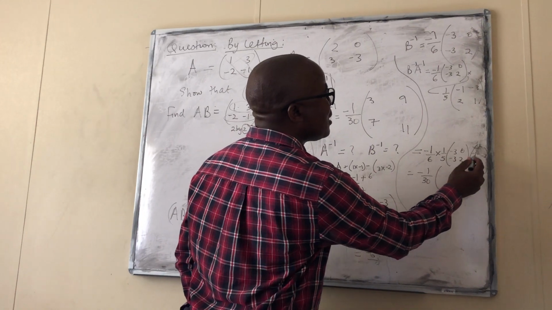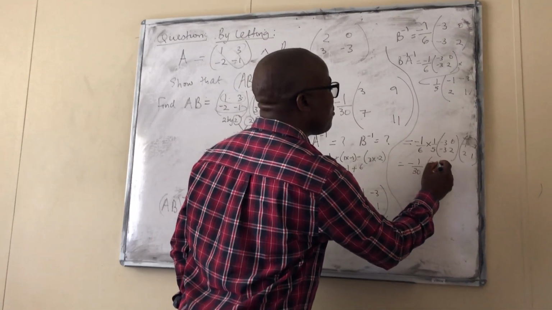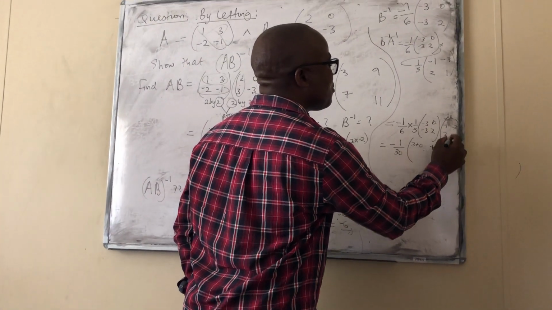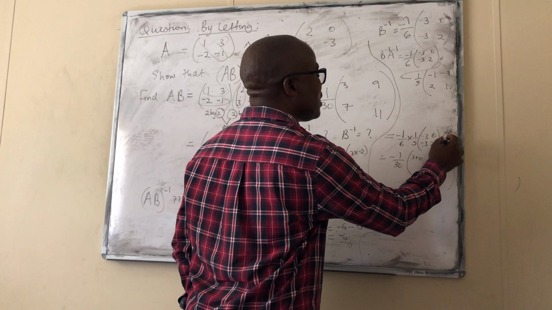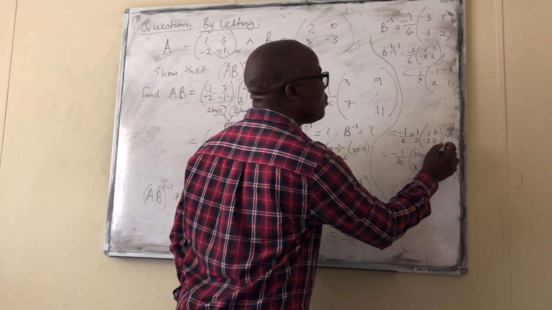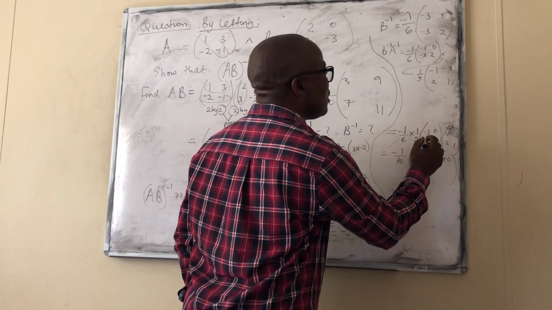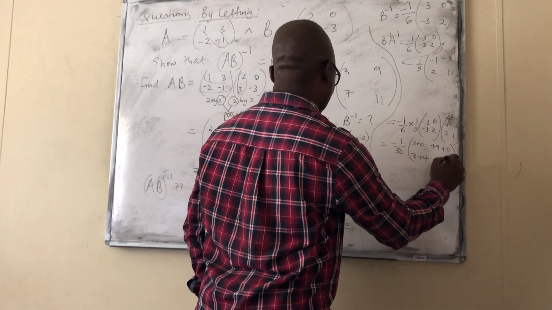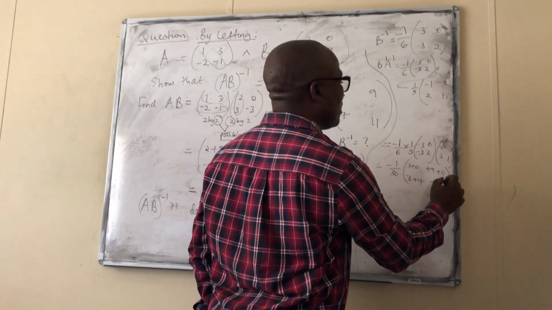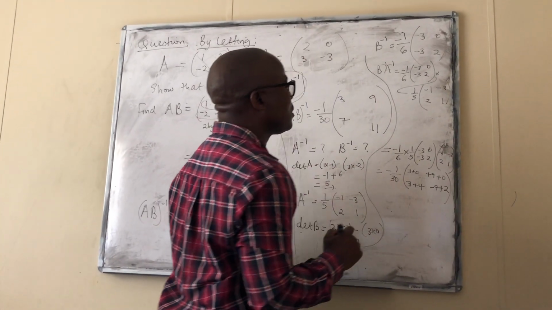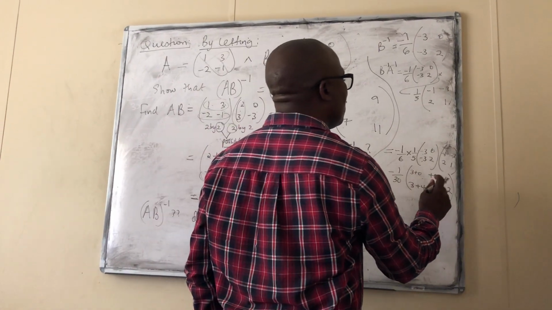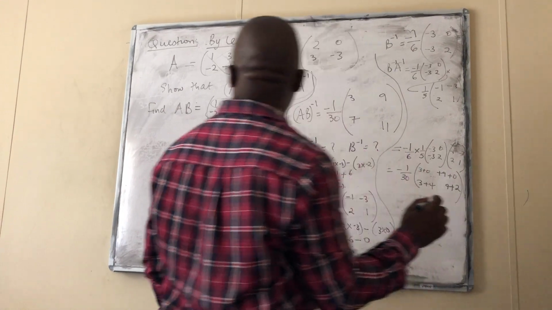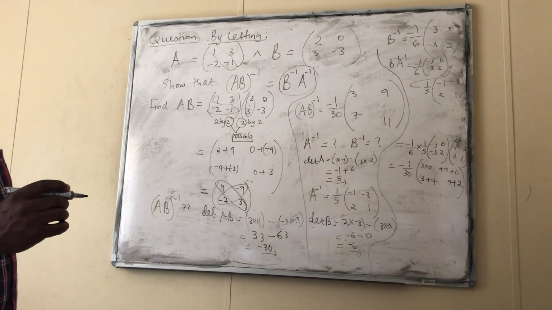Row by column. Minus 3 times 3 is positive 3 plus 0. Minus 3 times minus 3 is plus 9 plus 0 times 1, 0. Negative 3 times negative 1 is 3 plus 2 times 2 is 4. Negative 3 times negative 3 is minus 9 plus 2 times 1, so this is 9 plus 2.